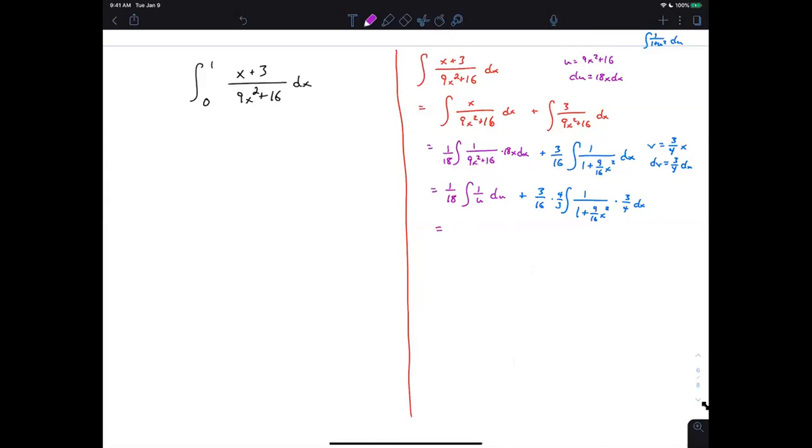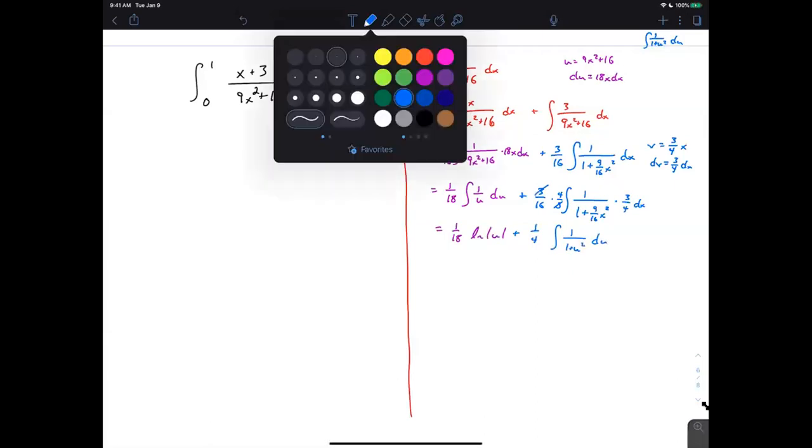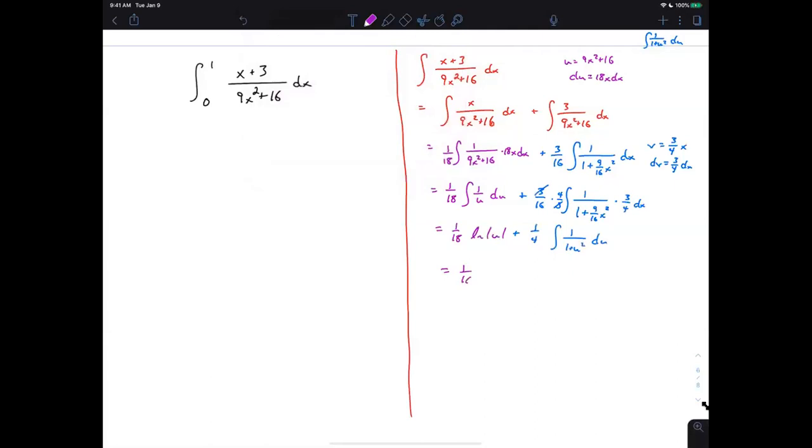All right, thank you. All right, so we got 1/18, and this is log absolute value of u. And then over here, we've got the 3's canceling, and 4 over 16 is 1 over 4. And now we got 1 over 1 plus v squared dv. And now that's 1/18 log absolute value of u, but u is 9x squared plus 16, plus 1/4 inverse tangent of v.